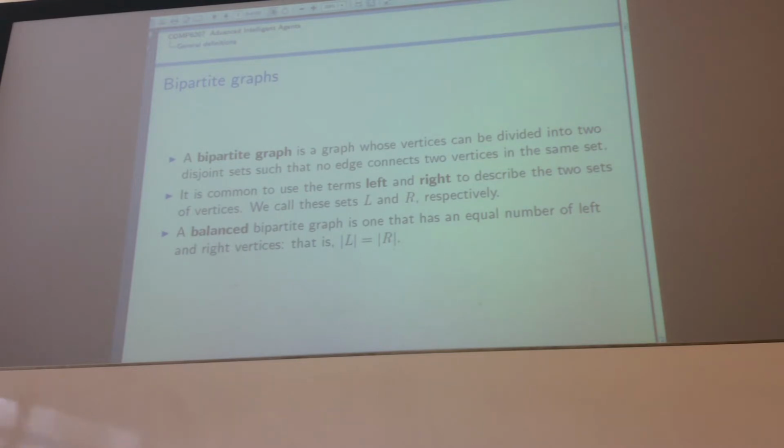Okay? So that you can have 2 parts, and usually it's common to use the terms left and right side for these 2 subsets, and we will denote them by L and R, left and right.